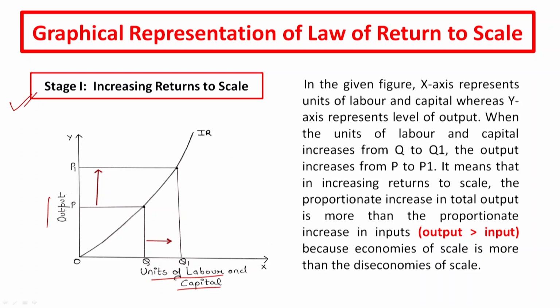Initially you are producing OP, this much output at this much unit of labor and capital. Now you are increasing the units of labor from 0Q to 0Q1, that means this level, but your output is increasing by this much. That means this graph, this IR, denotes the increasing return.